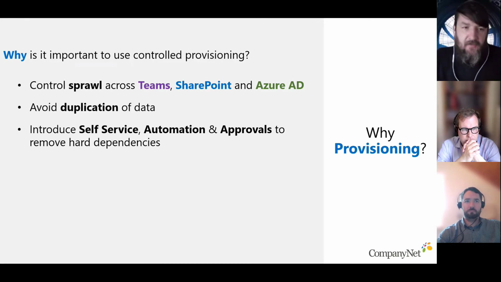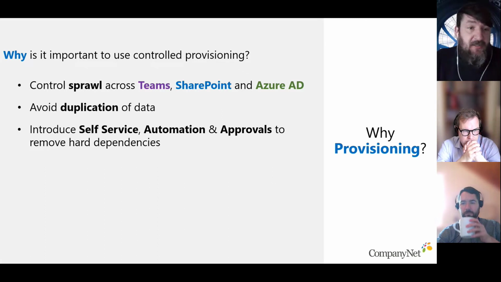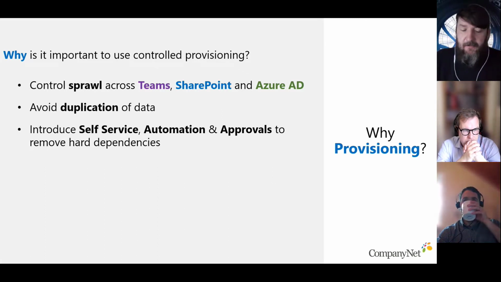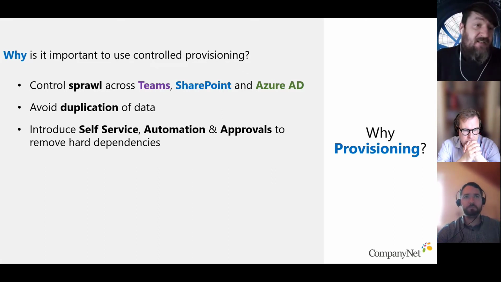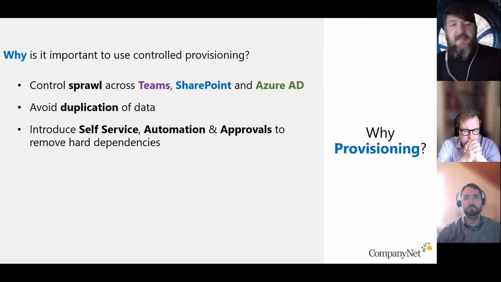Bringing in self-service, a mechanism where people can request an area, can be totally driven by automation. If it's going to discuss sensitive or business sensitive information, then we can apply approvals to that as well, so that when someone requests a team, it goes through an approvals process before it's created, distributed, and made available to the people requesting it.